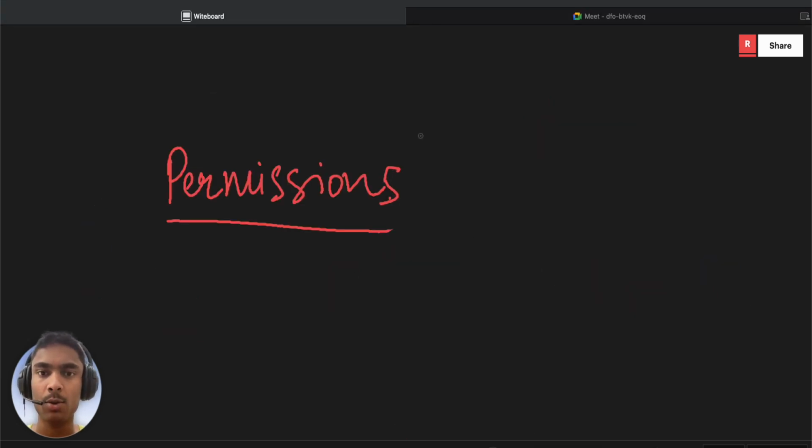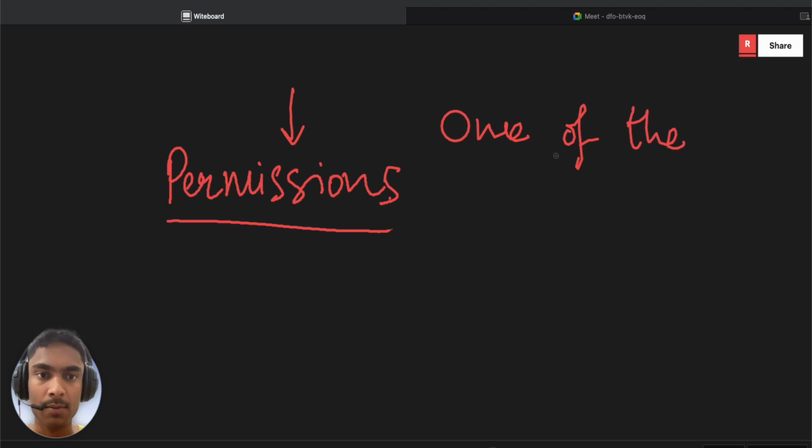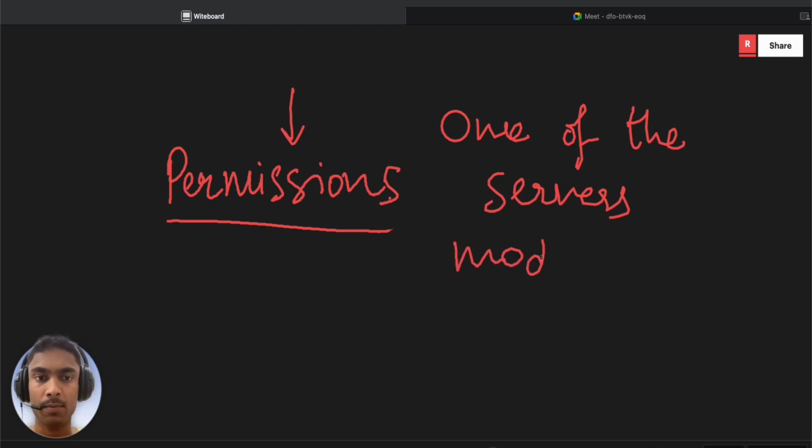Okay, so one of the ways to solve the synchronization problem is by giving a different set of permissions. What do I mean by that? Basically, we are going to have just one of the servers capable of issuing the modify request, capable of modifying data.